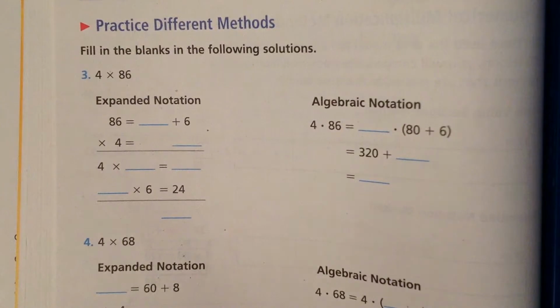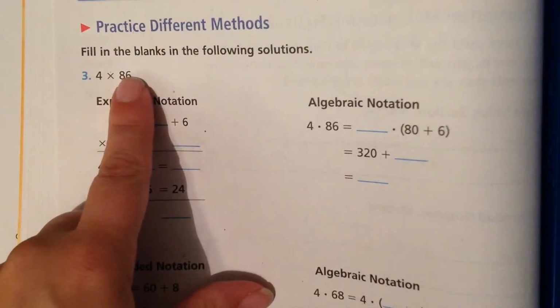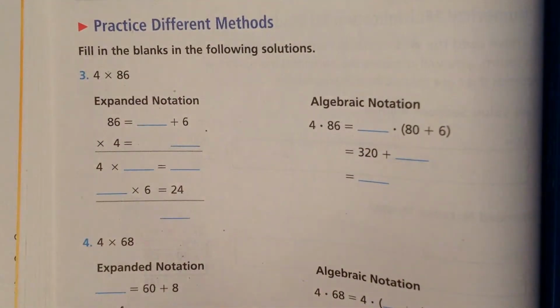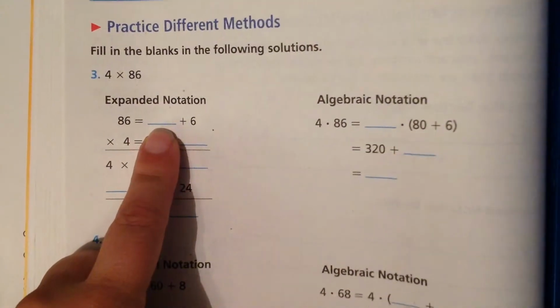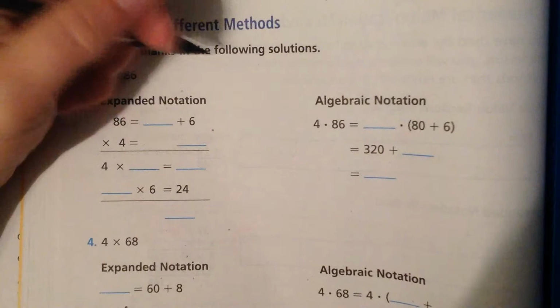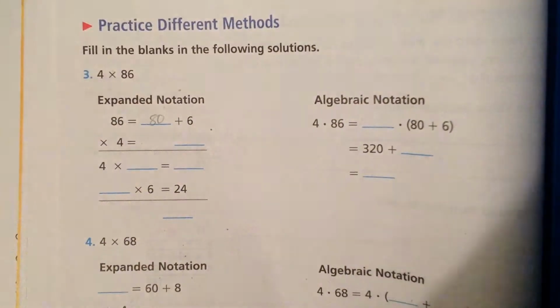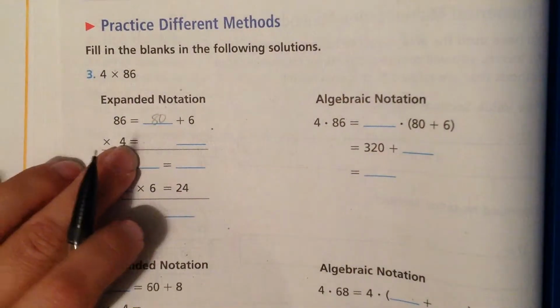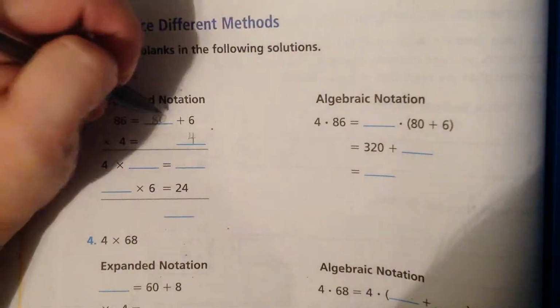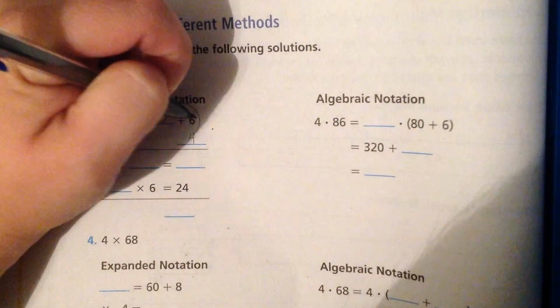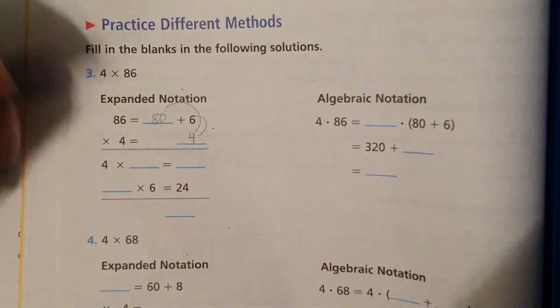Here you'll notice number 3 says 4 times 86. With the expanded notation, 86 equals the decomposed number, which 86 turns into 80 plus 6. And remember, I'm only going to move my ones over underneath my other ones. Then I'm going to multiply 80 times 4 and 6 times 4.